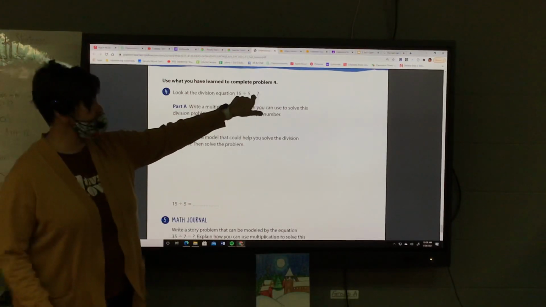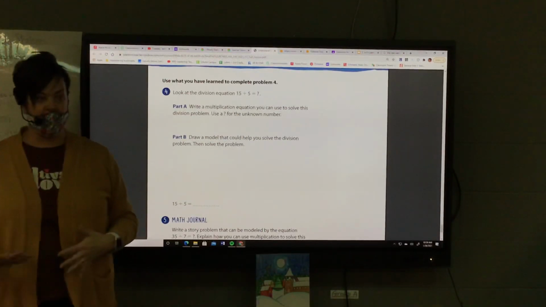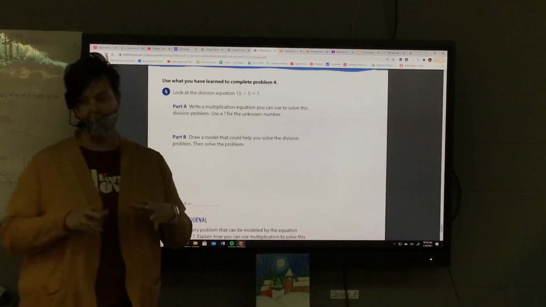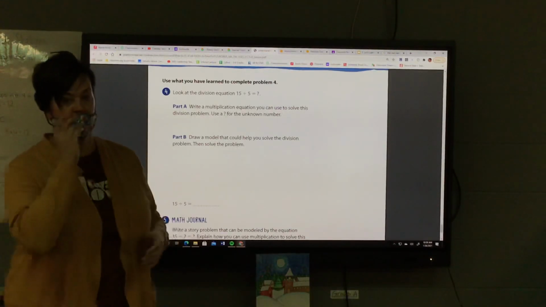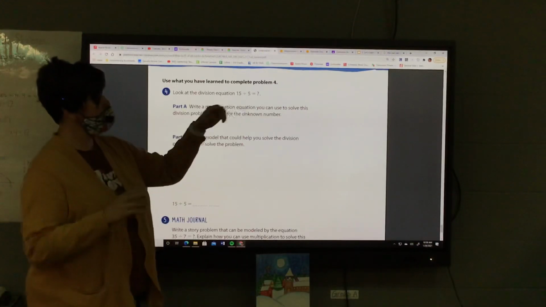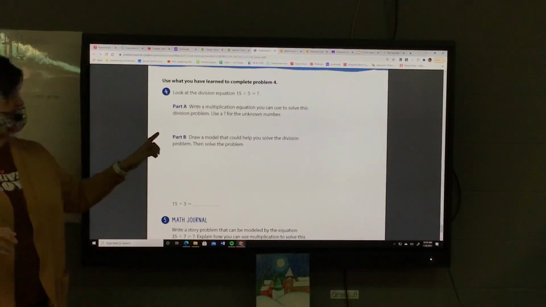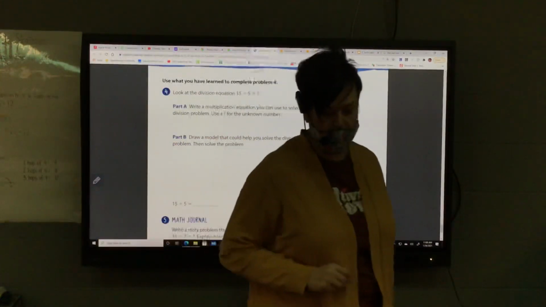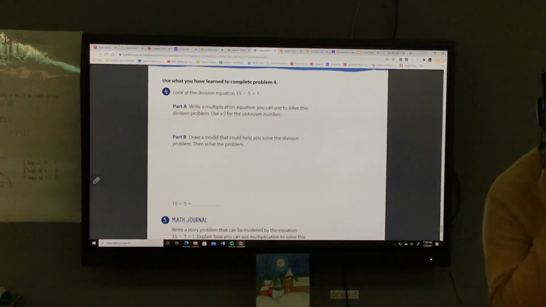So whatever this is, that's the unknown number, right? So that question mark is still being used in your multiplication equation. So what would your multiplication equation be if you wrote it out? Do that right now.